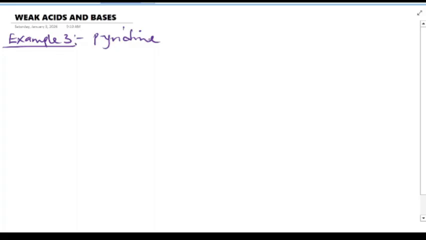Pyridine is a weak base. That's the structure here. So this is a weak base.